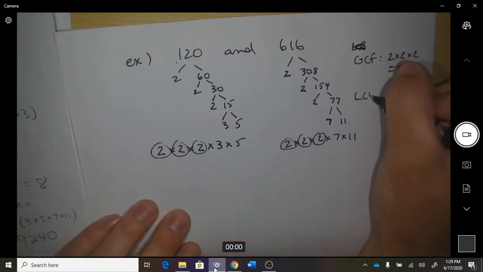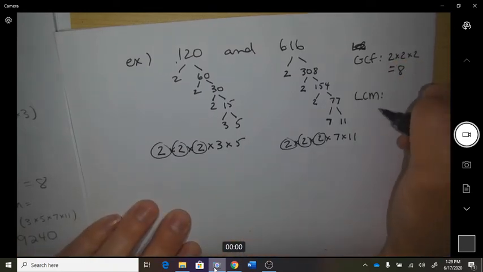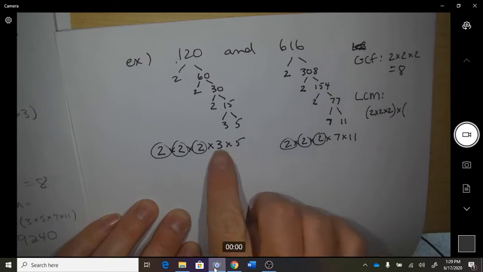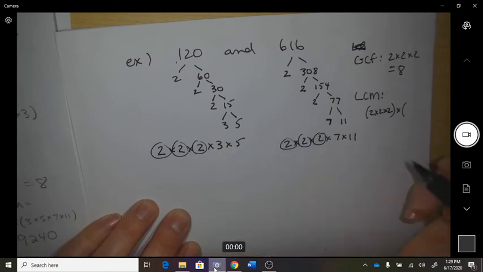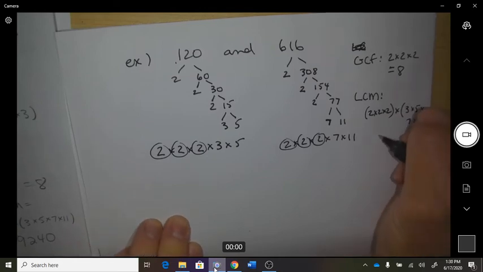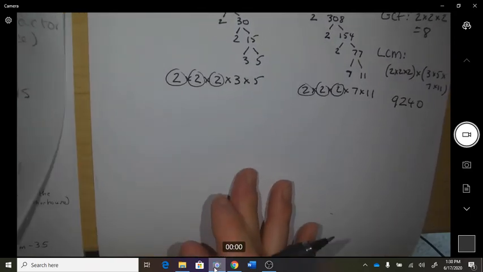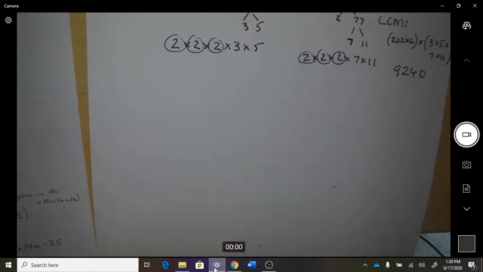And the lowest common multiple would be, what do they have in common? So they have an 8 in common times the leftover, 3, 5, 7, 11. So 9,240 is the lowest common multiple.